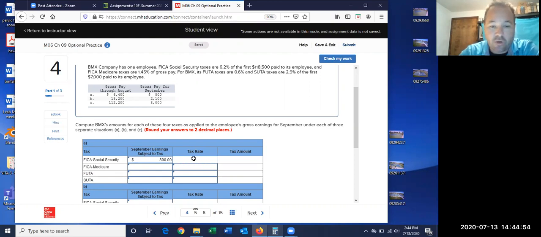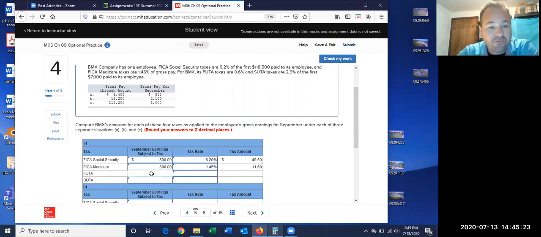Then it says to fill in the tax rate. Well, that's 6.2%, and they're just going to do the calculation for us. That's how much needs to come out of the employee's check. Now Medicare has no cap, so no matter what they've made, it's going to be the full 800. And Medicare is 1.45%, which they give us.